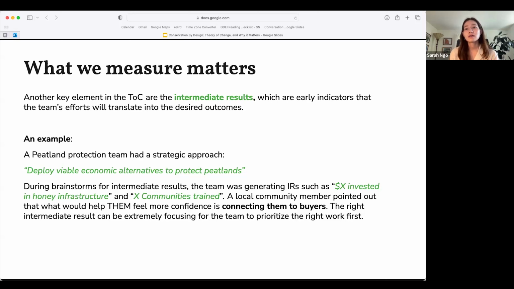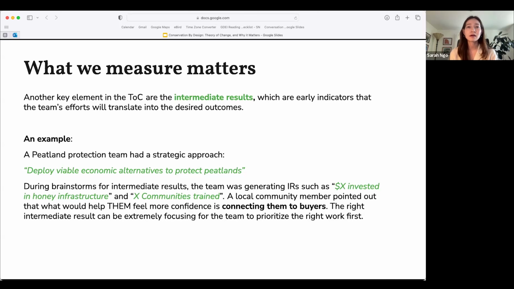And so this was just a great example, and huge kudos to this team for being really thoughtful about which voices were important to include in the workshop, for inviting these local community members, and for really listening to those voices and incorporating that into the theory of change.